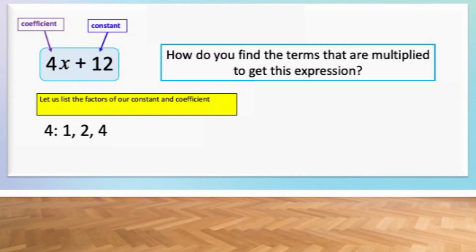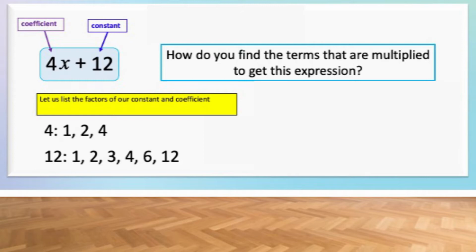Therefore, we list all the factors of each. For our coefficient 4, we have 1, 2, and 4. For our constant 12, we have 1, 2, 3, 4, 6, and 12.